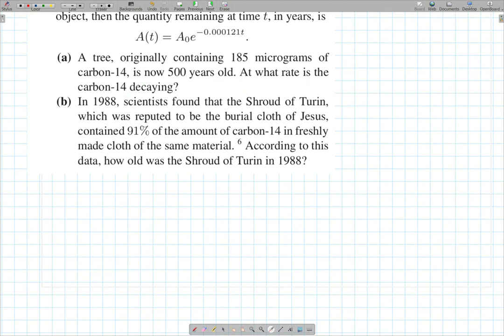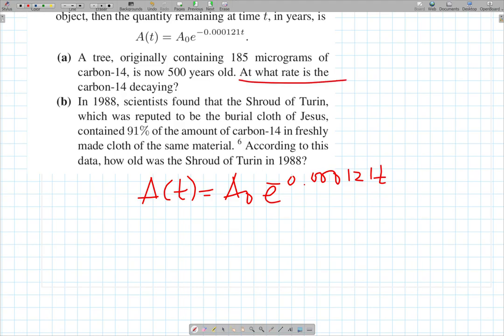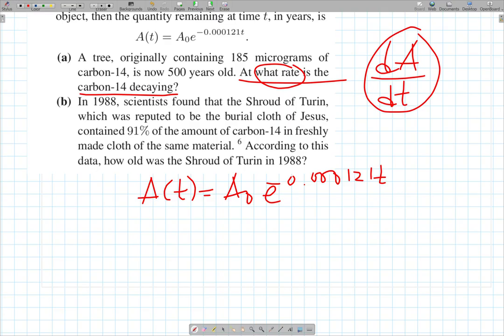So, may binigay na equation which is A of t equals A0 e negative 0.000121 t. Okay? So, he is asking class at what rate is that carbon 14 decaying? Actually, class, pag rate, that is derivative. That is derivative of A with respect to t, time t. So, we are looking, class, for dA over dt.